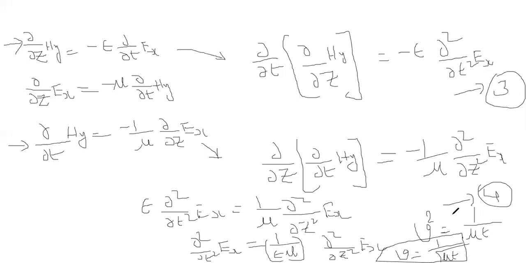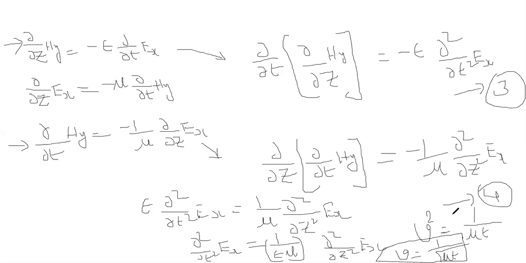And equating the equation, dou square by dou t square Ex is equal to v square into dou square by dou z square Ex. That v square is equal to 1 by mu epsilon, and v is equal to 1 by under root of mu epsilon. In free space, mu naught is 4 pi into 10 to the power of minus 7, epsilon naught is equal to 8.854 into 10 to the power of minus 12.